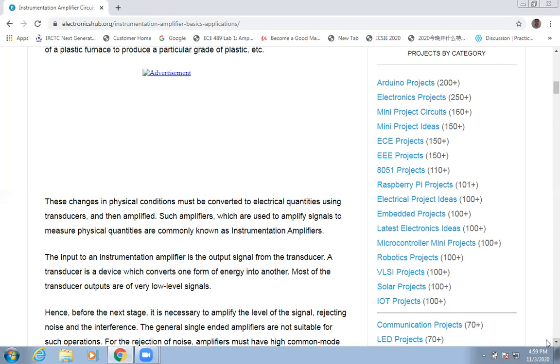Most of the transducer outputs are very low level signals. So these low level signals must be amplified before being converted into an electrical signal, and the amplifier used to amplify these signals is known as instrumentational amplifier.